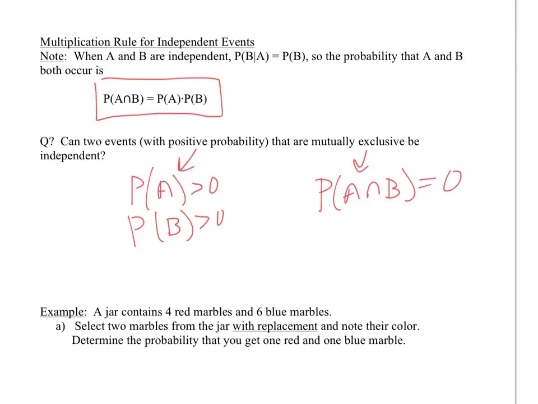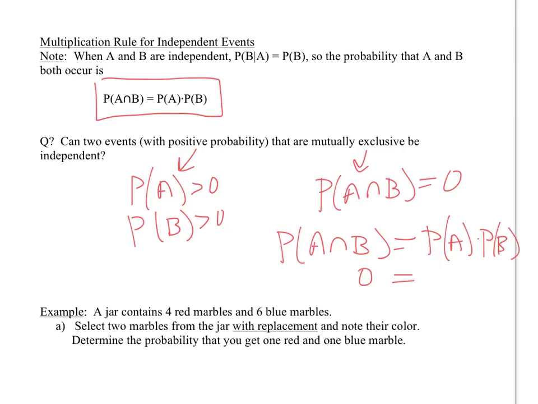Well, now if I'm going to be independent, and I'm working with this test of independence here, that two events that are independent follow this multiplication rule, I would get 0 for the left side, but this would be unequal to P(A) times P(B) if these are both positive numbers. So the left side is 0, while the right side is a number greater than 0. Therefore, A and B are dependent. Mutually exclusive events are always dependent.